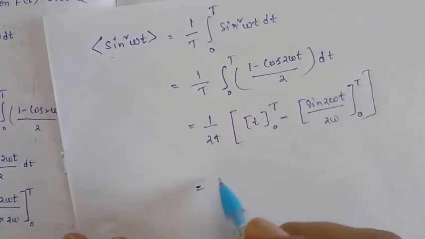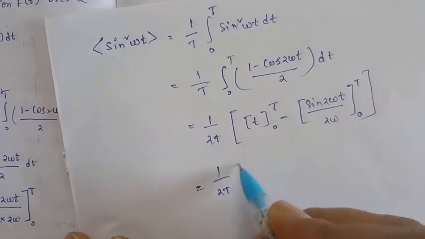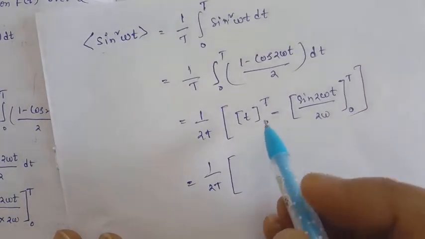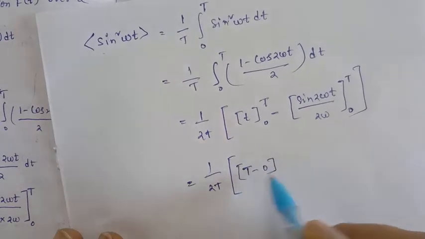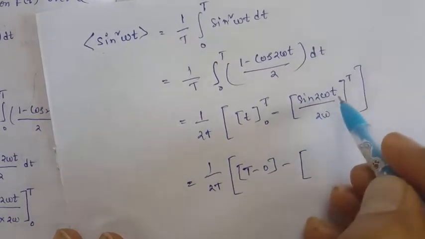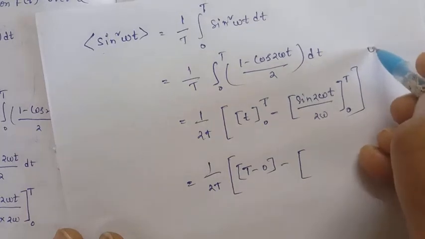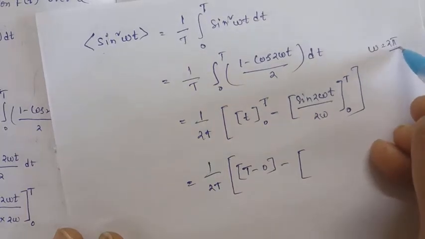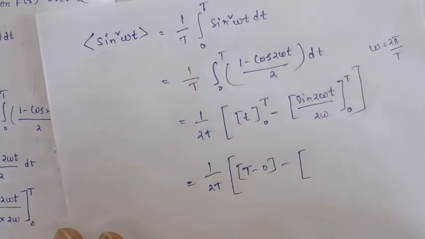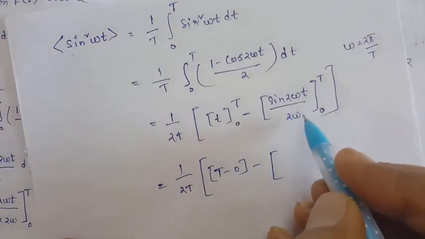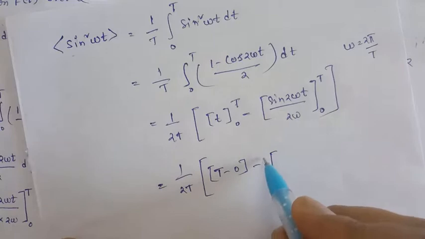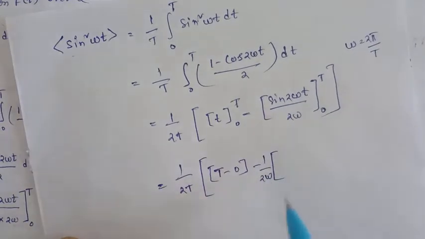So 1 by 2T. Upper limit minus lower limit, T minus 0 here, and minus sine 2 omega t. Here omega is equal to 2 pi by T, for a complete cycle. So 1 by 2 omega I have to take outside.